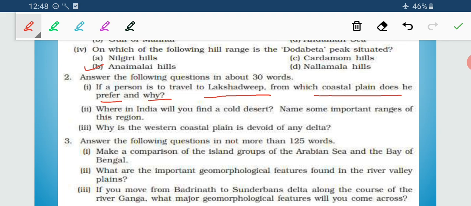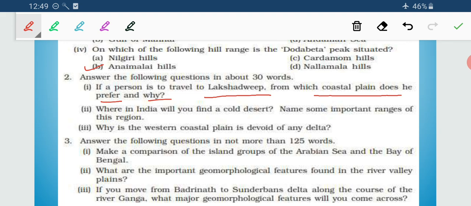All these features have already been discussed in the previous slides. So those are considered geomorphological features found in the river valleys. Braided channel is there, riverine island is there, all these are geomorphological features. Okay, so you will write the answers by seeing the previous notes or the previous PDF or the PPT, and you will proceed with your answer.